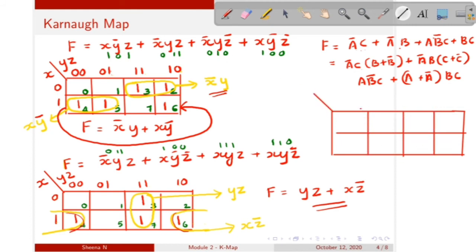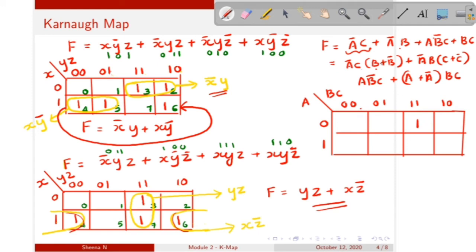So here the variables are a and bc. A can have value 0, 1, bc can have value 00, 01, 11, 10. Our first term is a bar c, the missing variable is b, so we take a bar b c, that is 0 1 1, minterm 3.